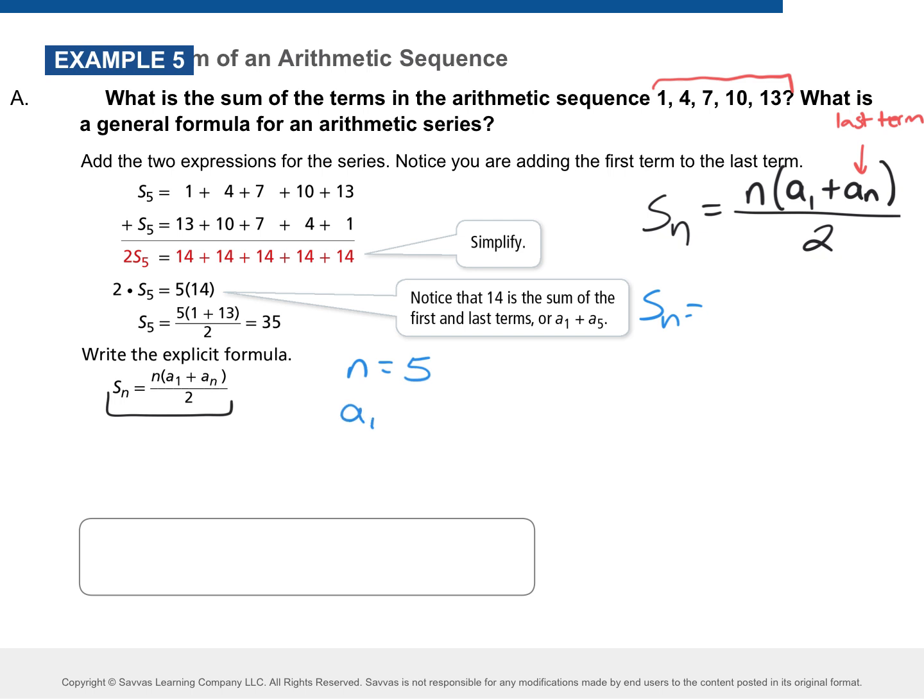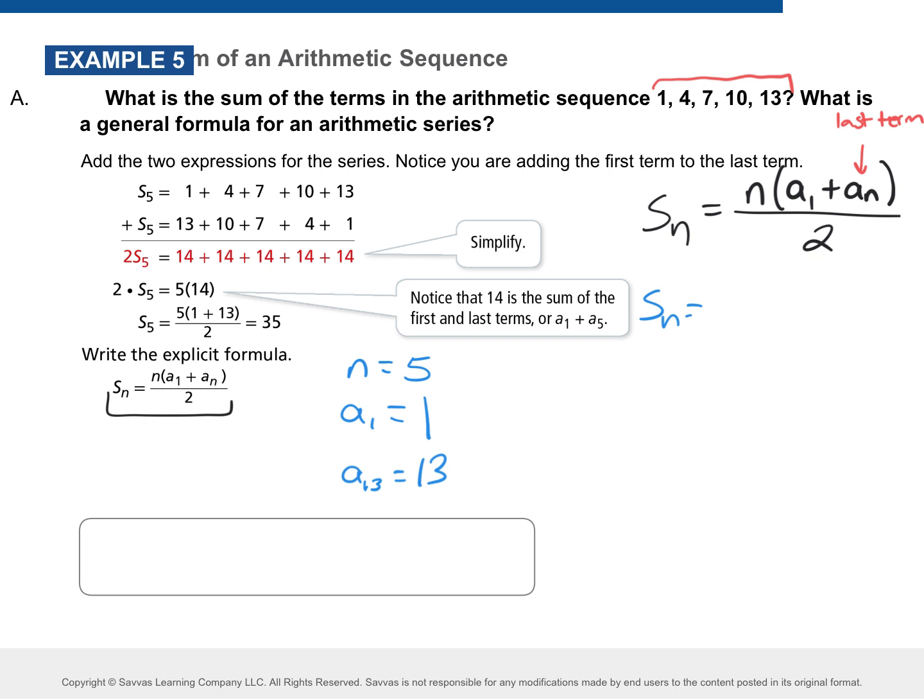What's our A_1? A_1's first term. Is this in our notes? Nope, it's not. We're just in the margins. 1. A_1 is 1. A_N is, what's our last term? 13. Yep. Instead of A_N, what could I write? A_13. Yep. A_13 just happens to be our last term of the sequence.